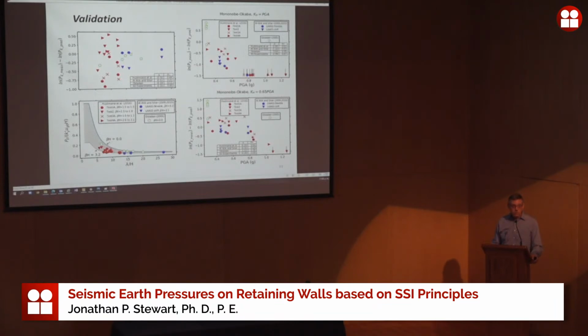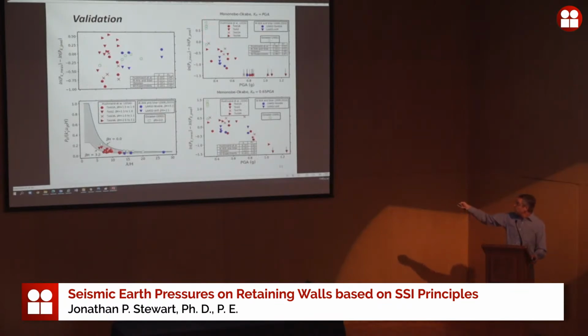The earth pressure goes to infinity, so the residual goes to negative infinity. So that's marked here. But for the ones that you can actually derive a solution, for all these experiments, you have a strongly negative residual, which means we're over-predicting. For Ostadon, like I showed earlier, we under-predict.